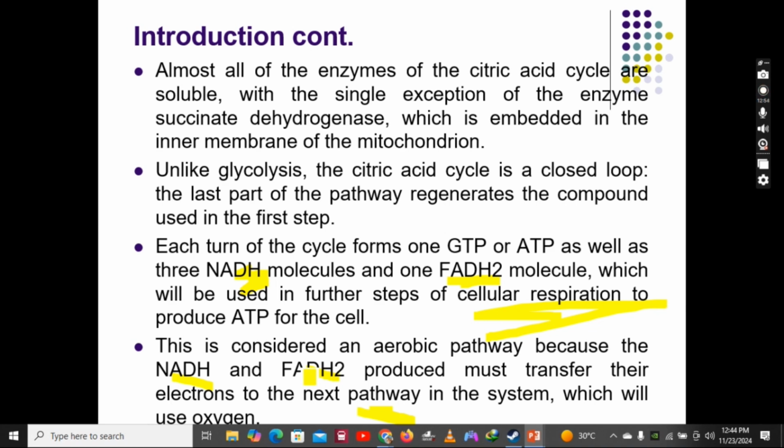When we are done with this pathway, we will look at the electron transport chain, and you'll be able to understand more concerning the NADH and the FADH2.